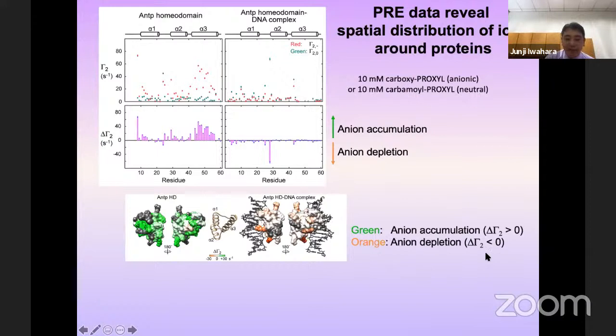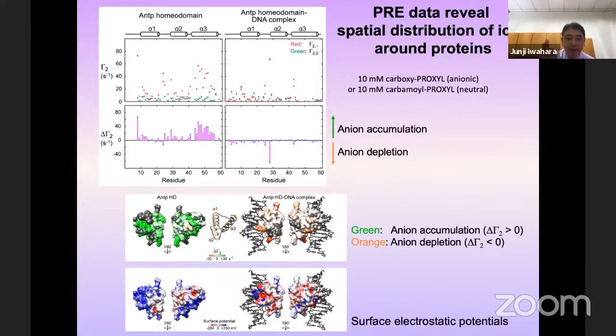And if you compare the results with electrostatic potentials, I mean surface electrostatic potentials, you can see quite consistent results. Basically, for the positively charged surface, you see anion accumulation.